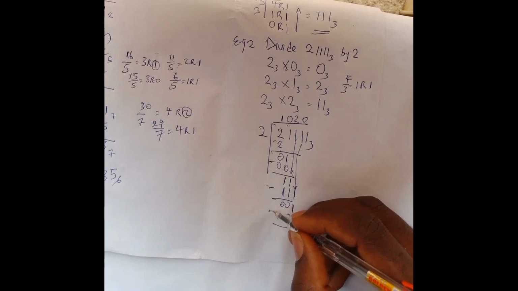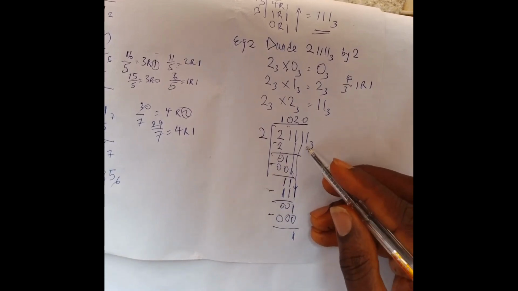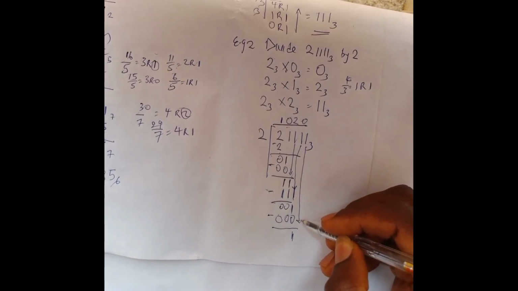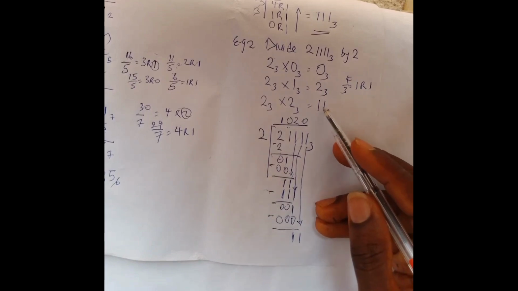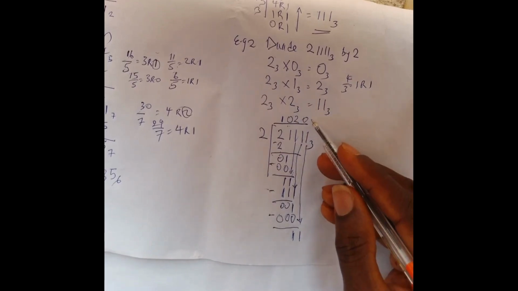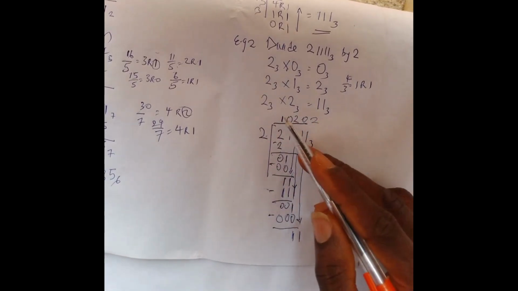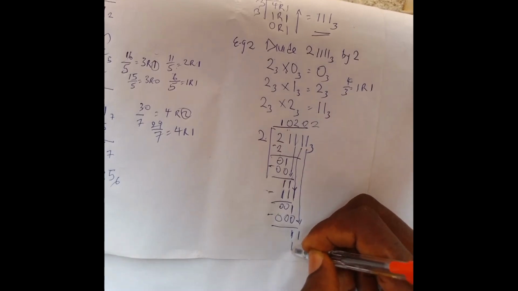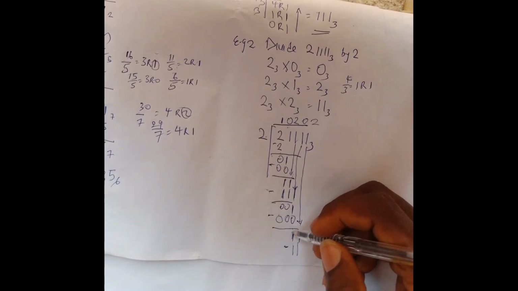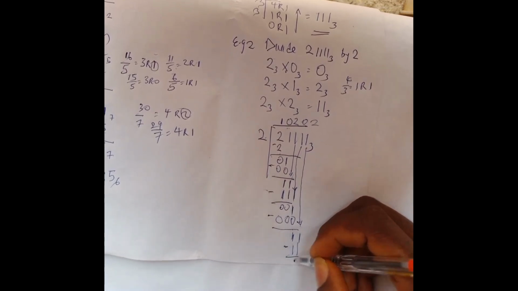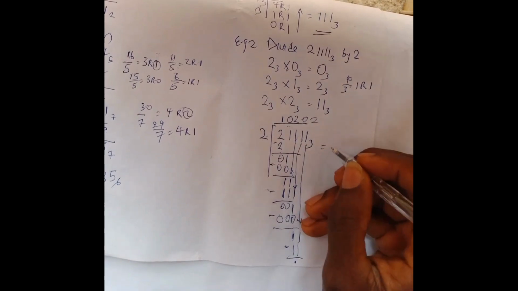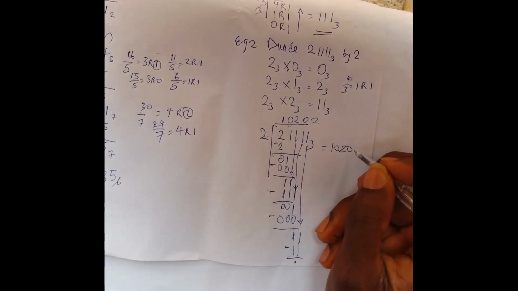Bring down the last number, which is 11. And 11 in our multiplication table is when we multiply 2. So we write 2. And 2 times 2 gives us 11 back. And when we minus, we get 0. So our final answer here is 10202 base 3.